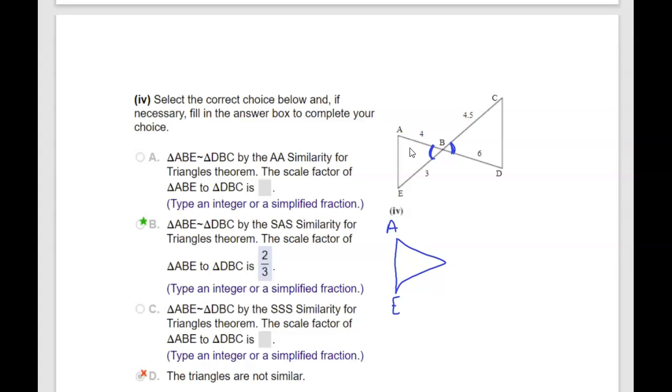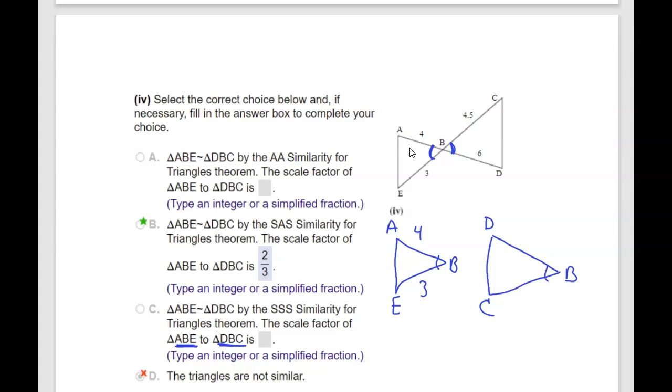A, E, B with a 4 and a 3. And then I'm going to kind of look at the way these are written. ABE and then DBC. So D, B, and C.